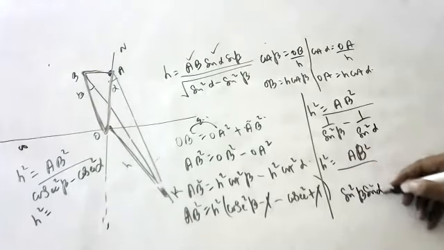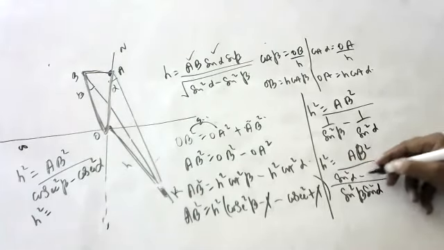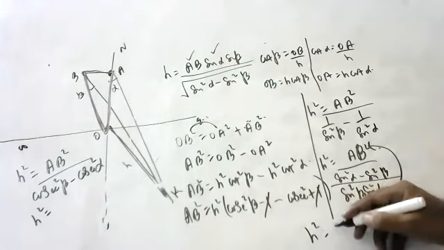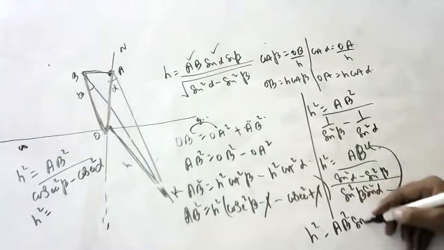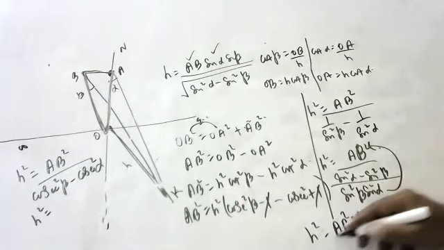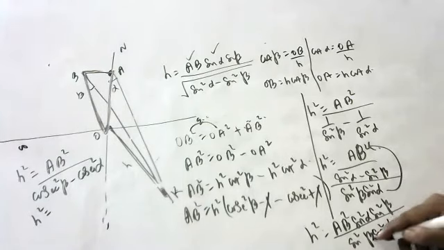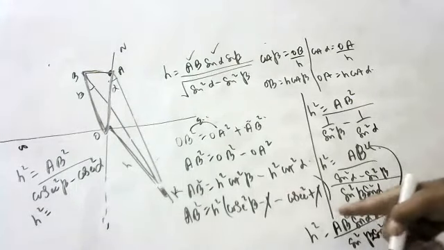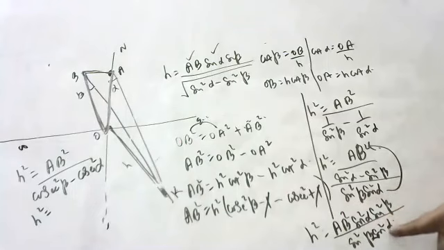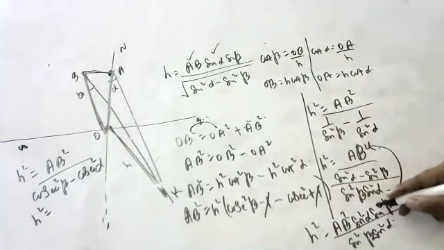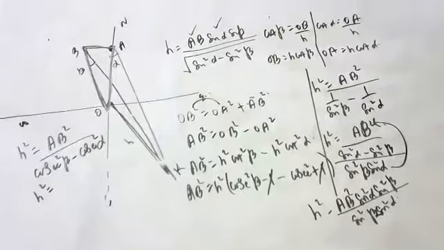So H square is equal to AB square into sin square alpha sin square beta by sin square alpha minus sin square beta. The square cancels with the root, and the denominator gets a root. That is the answer.